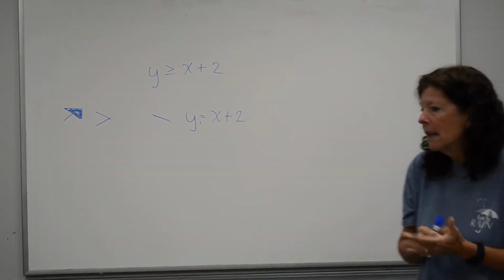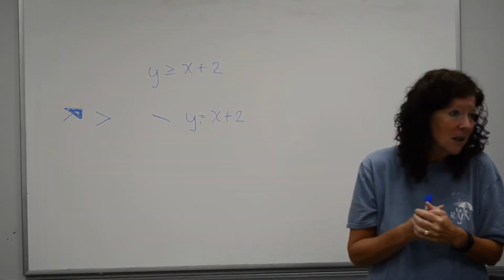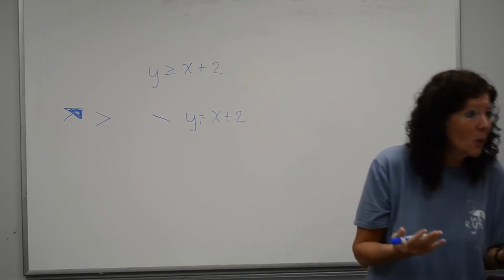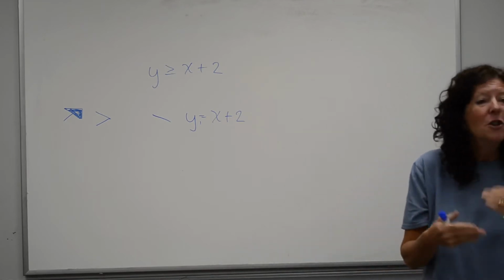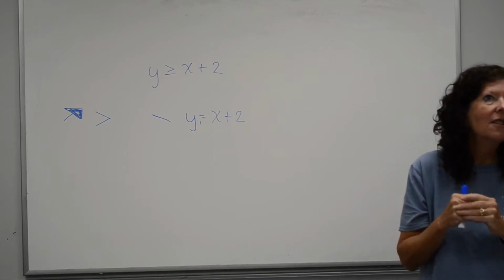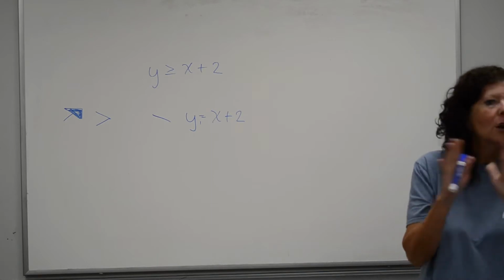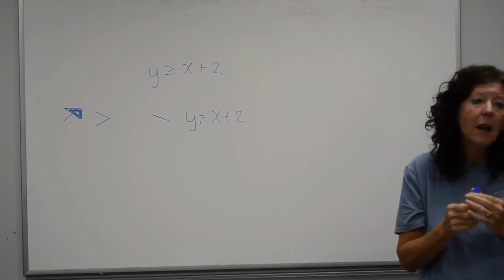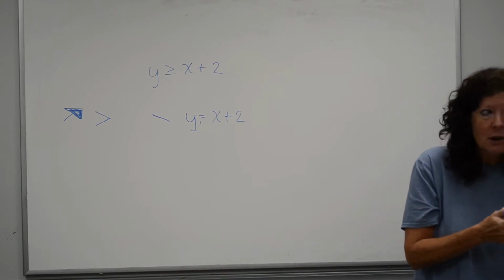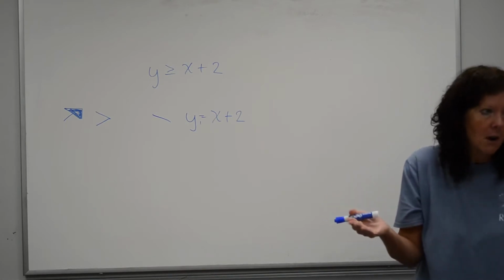Linear programming is used mostly in economics, where you want to maximize your profit and minimize your work. You are trying to find equations that allow you to figure out how much of this product and how much of that product you need to make in order to maximize your profit.